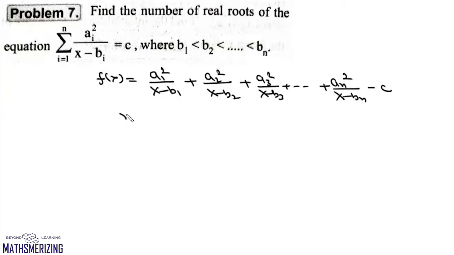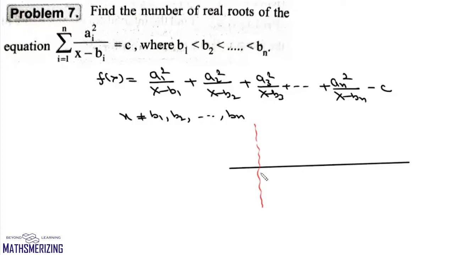Now fx is not defined at b1, b2 and bn. So for the graph of fx, there will be vertical asymptotes at b1, b2, b3 and bn. And it is given that b1 is less than b2 and it is less than bn.